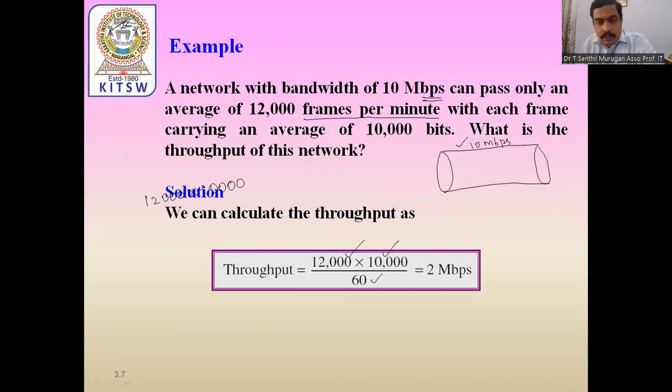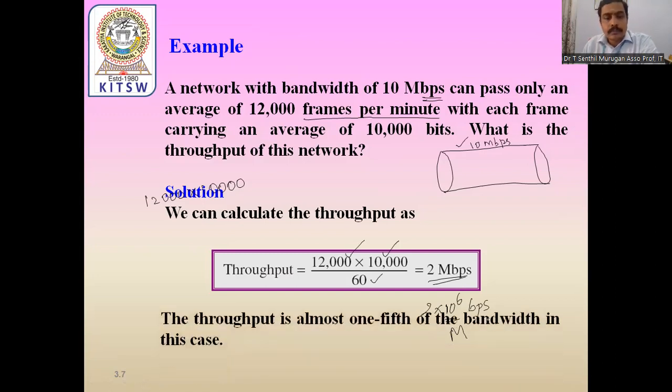When we calculate 120 lakhs divided by 60, finally we are getting 2 into 10 power 6 bits per second. This is the answer actually. Okay. So whenever we are getting 10 power 6, we can use megabits.